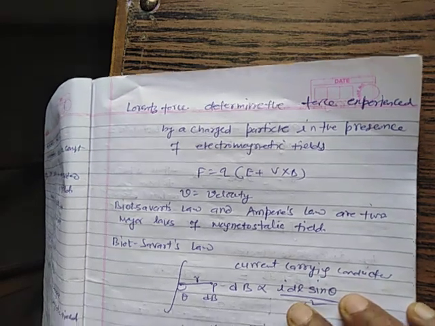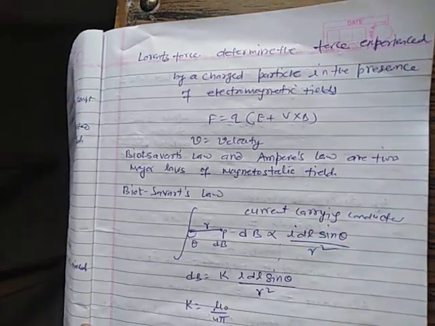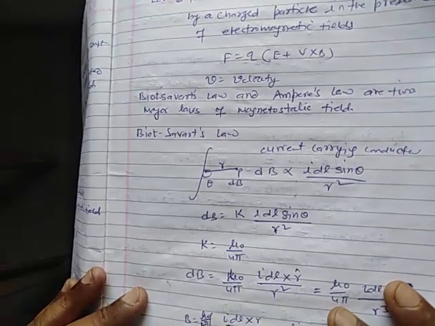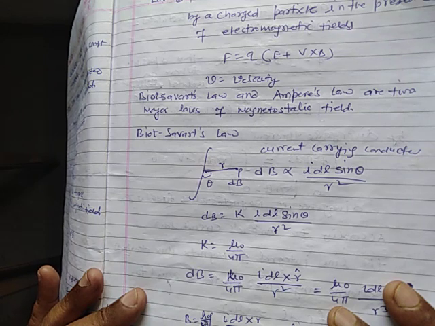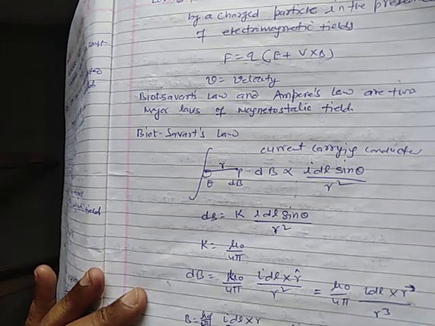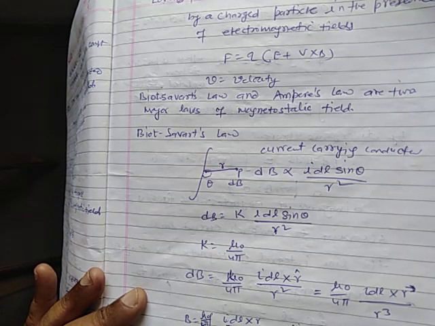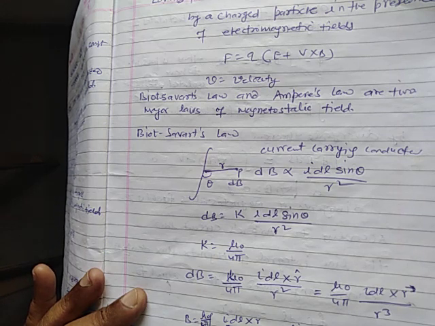First we will discuss Biot-Savart's law. If a current carrying conductor is there, and I want to calculate the magnetic field at a distance r, then we can choose a point, and dB is directly proportional to the current I, the line element dl, sine theta, the angle between the vector and the current carrying conductor, and inversely to the distance r square.